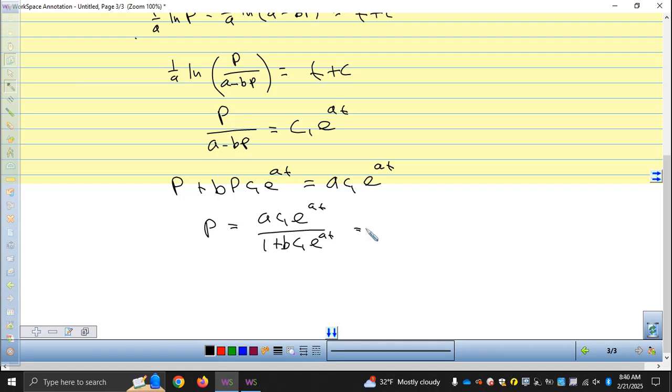And to make this a little nicer and get it in a form that you would normally see, I'm going to multiply the numerator and denominator by e to the negative AT. So when we do that, we get A C1 over B C1 from this term, and then we get e to the minus AT when we multiply the minus AT here.